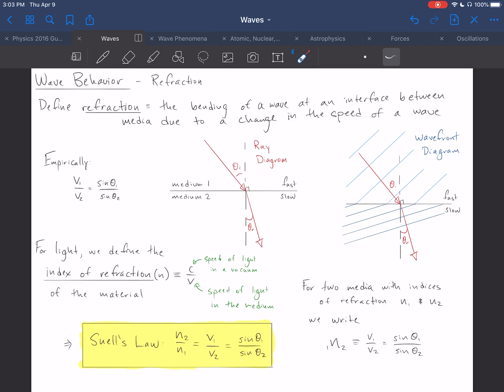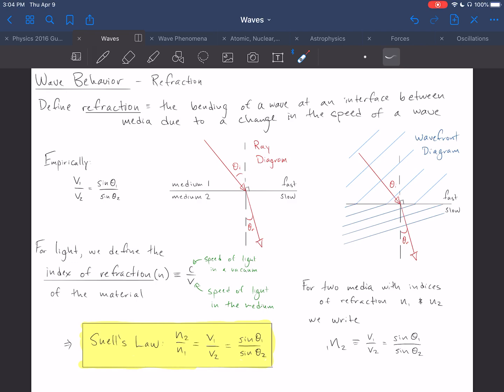So, for example, if you have a material of index of refraction 1.4, that tells you right off the bat that the speed of light in a vacuum is 1.4 times the speed of light in that particular medium. So it's just a different way of talking about the speeds and ascribing that speed to the material itself.